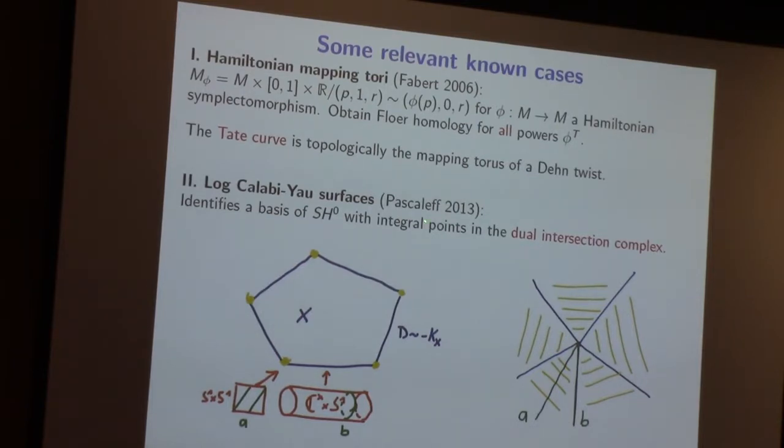What James proved is that you find a basis of the zero-graded part of symplectic cohomology that is labeled by the integral points of this fan. So there's an N squared worth of integral points for each such cone. And how do they come about?